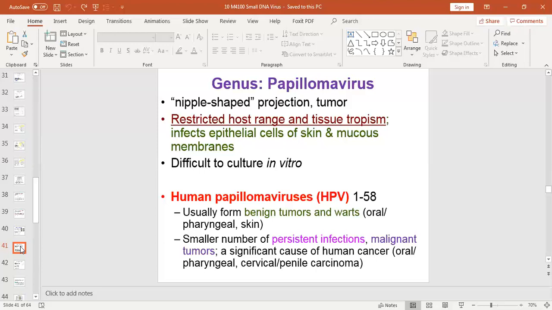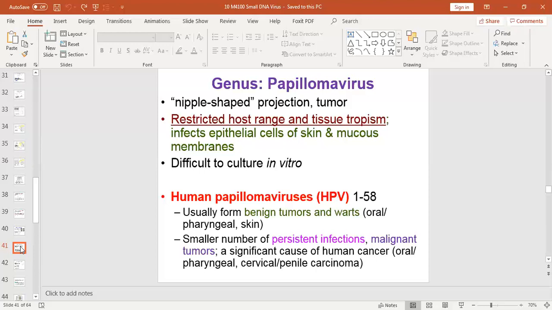Usually, they cause benign tumors and warts in the oral cavity, pharyngeal area, and skin. A small number of viruses will cause a persistent infection, leading to malignant or tumor transformation of the host cell.